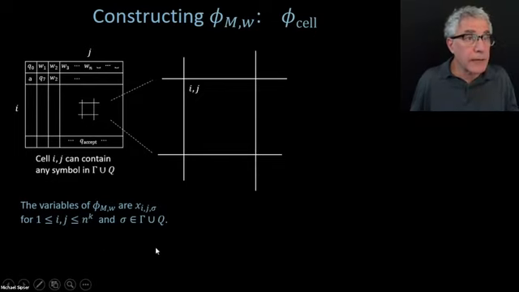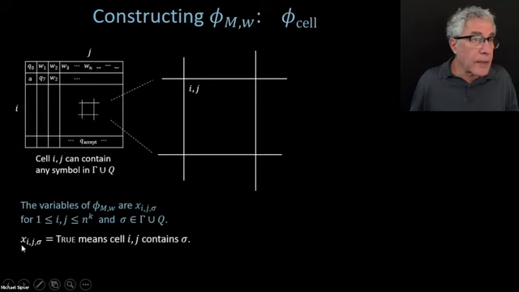Okay? So if I turn the variable x_ij,sigma equal to true, that's just a way of saying that cell ij contains a sigma. So if I have x_ij,a, that means the cell contains an a.